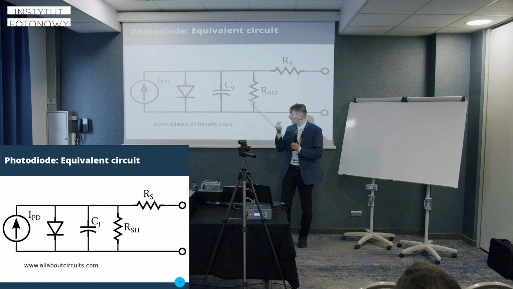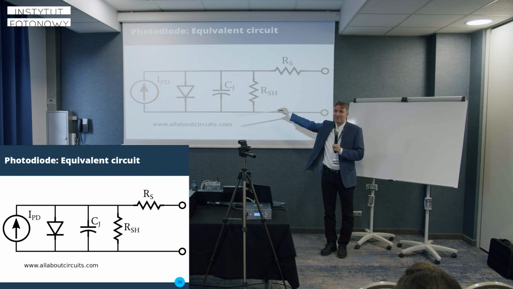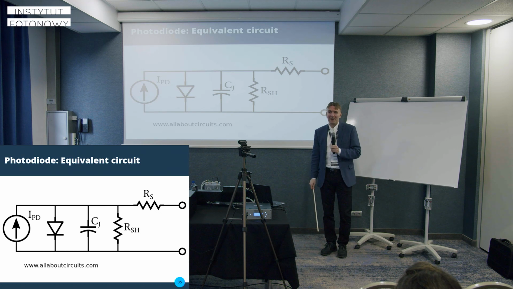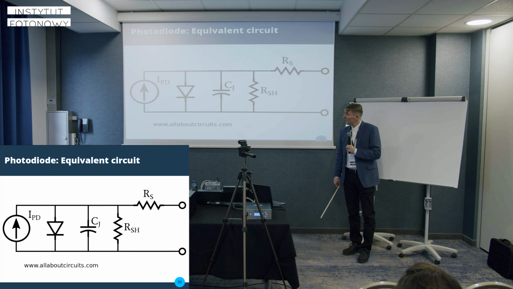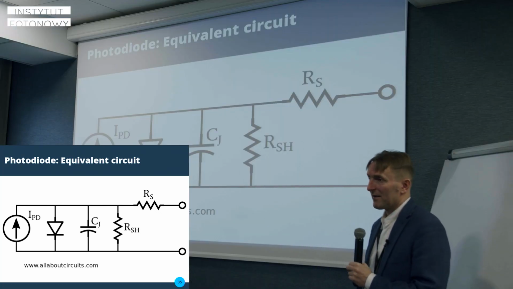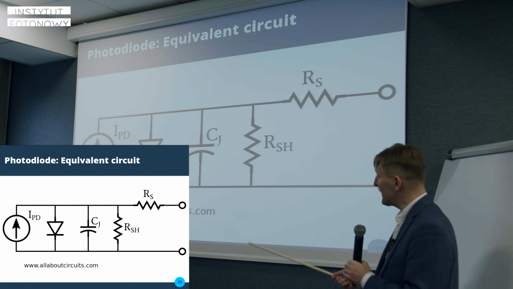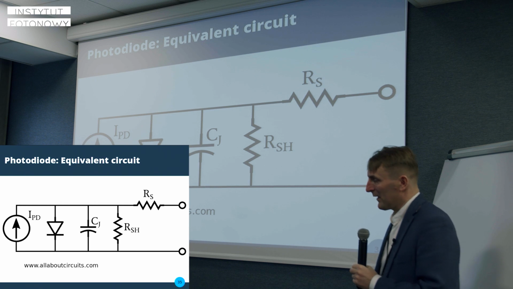This is taken from All About Circuits. There is a great short article explaining how a photodiode works, and I highly recommend it to you. It explains in reasonable detail the meaning of the symbols.